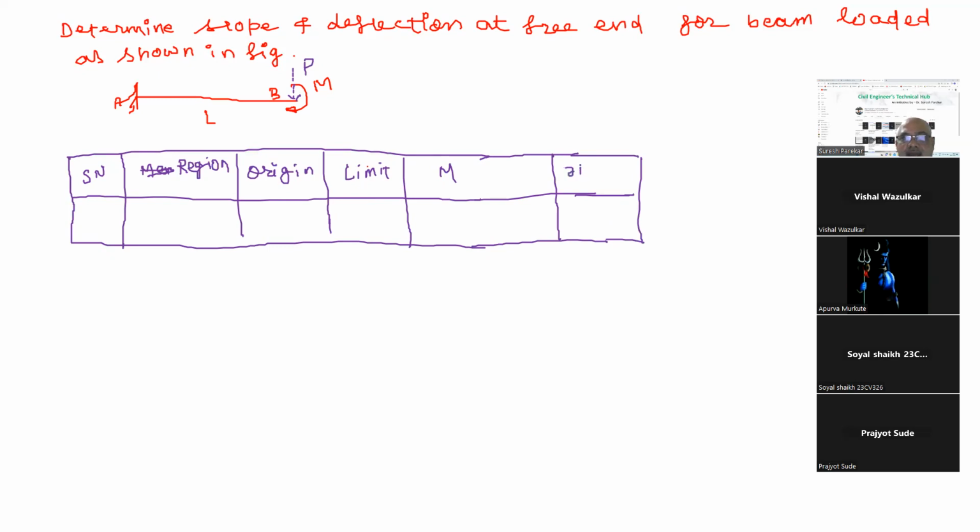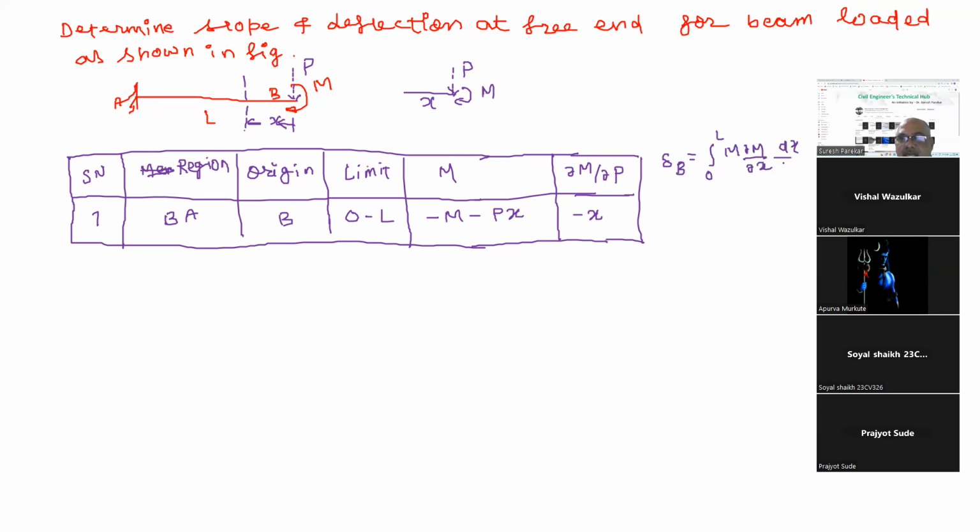And then we have dM by dMP. So one region will be BA, origin B, limit 0 to L, M will be minus M minus P into X. Here we have taken X. And that same part if I take aside, this will be P dummy load and this will be M, this will be X, and then we will get it as minus X. And then we have delta B equal to integration 0 to L M dM by dP dx upon EI.